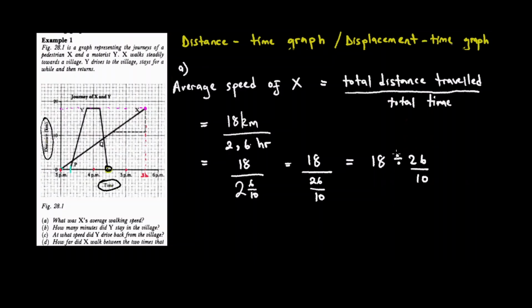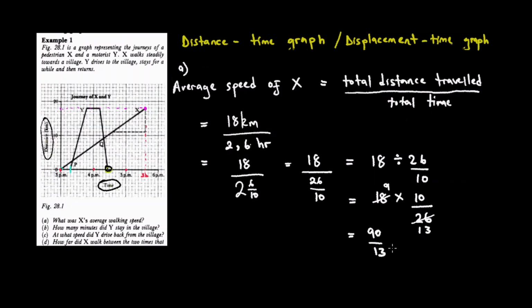When we have a division sign we convert it to a multiplication sign, giving 18 times 10 over 26. Here we can simplify: 2 into 26 is 13, and 2 into 18 is 9, so we get 90 over 13.